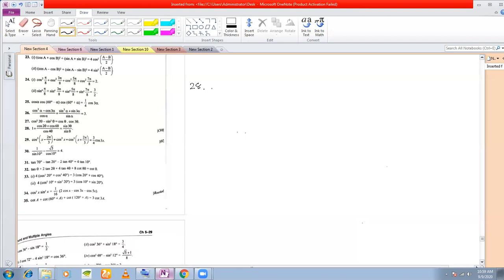The question here is, we start from the left hand side. 1 plus cos 2 theta plus cos 6 theta divided by cos 4 theta. You have to prove this is equal to sin 3 theta by sin theta.